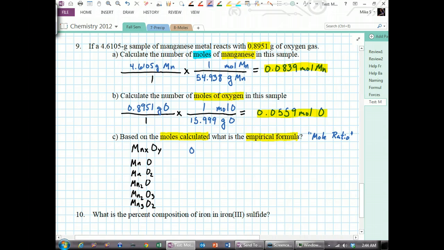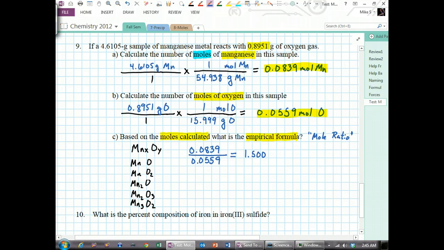What is the ratio? How many times bigger is 0.0839 than 0.0559? When you plug that into the calculator, you get 1.500 and then some numbers after that.